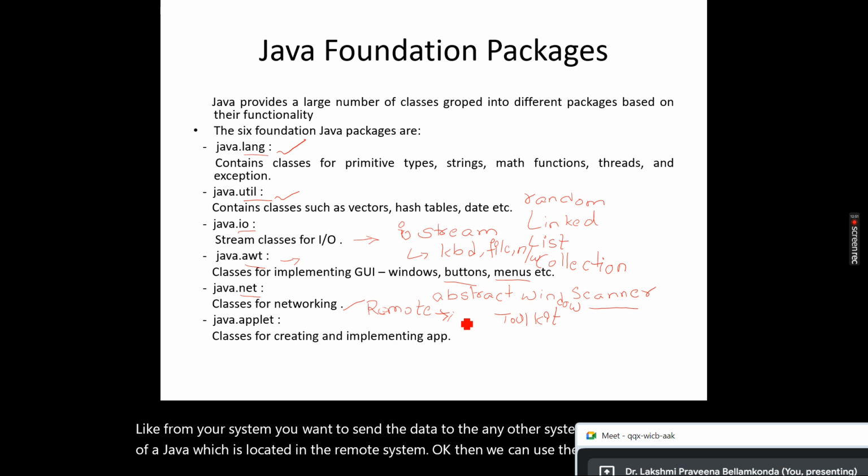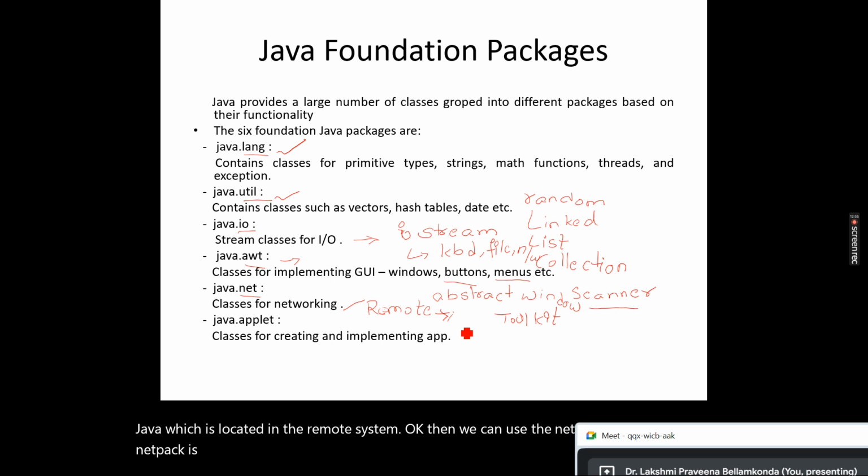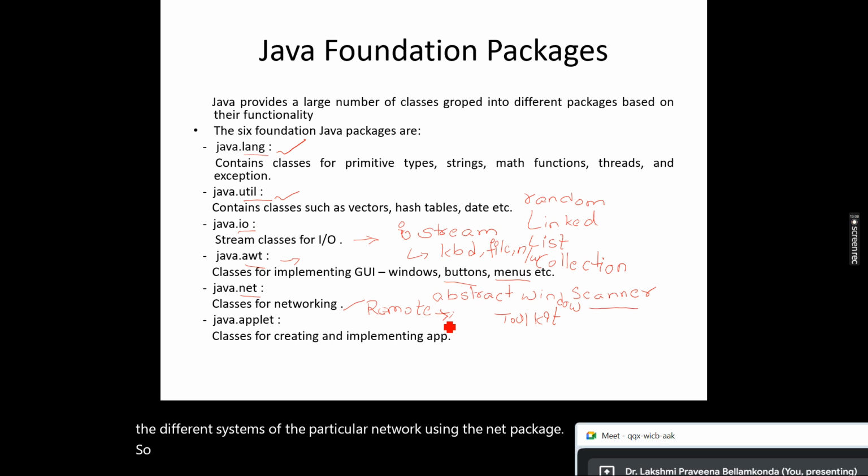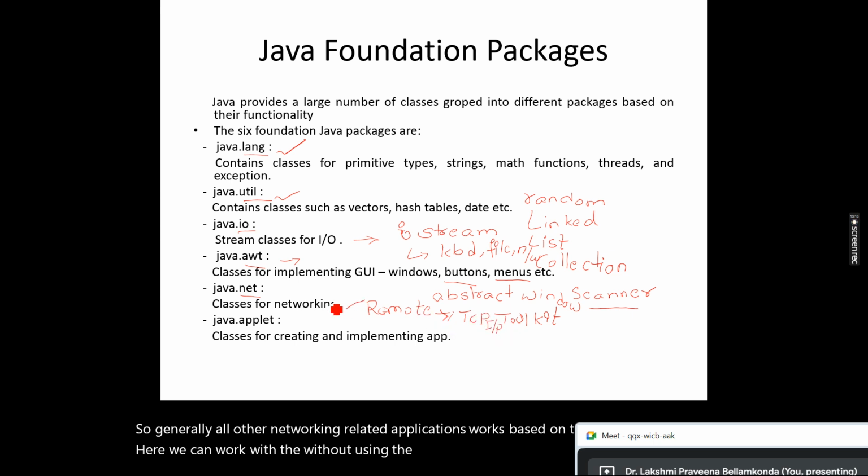Its specialty is that without using the TCP/IP protocol, we can connect with the different systems of a particular network using this net package. Generally all other networking related applications work based on the TCP/IP protocol, but here we can work without using the TCP/IP protocol, and connect Java programs to different remote systems.